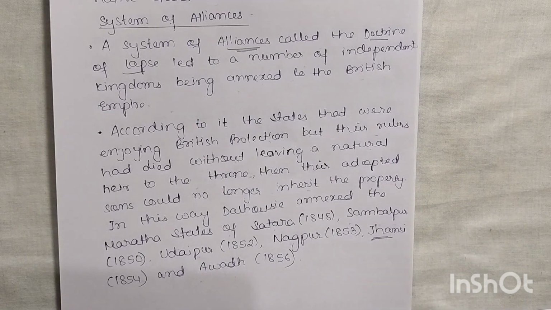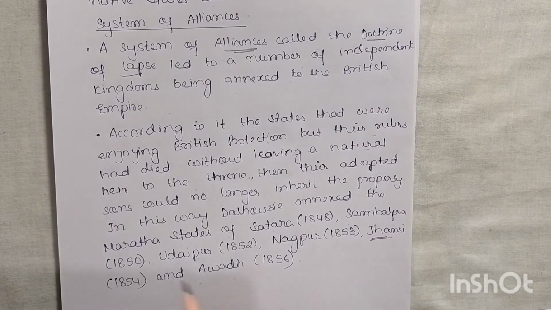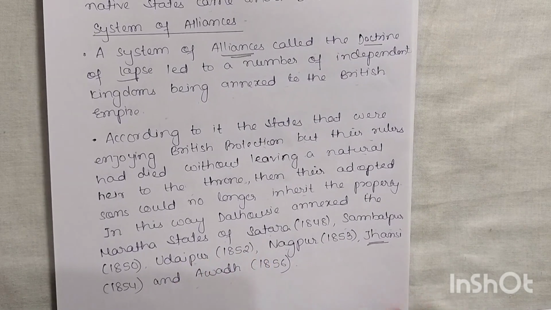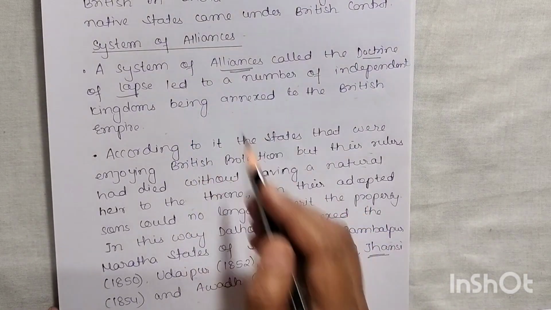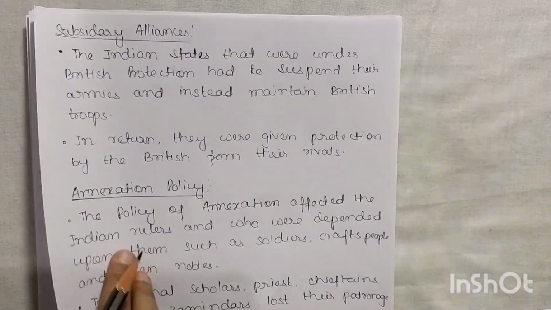Maharani Lakshmibai of Jhansi. The story is about this one, right? So she had also adopted one son. So in this way, what happened? The Britishers annexed so many states of India due to this system of alliances, right?